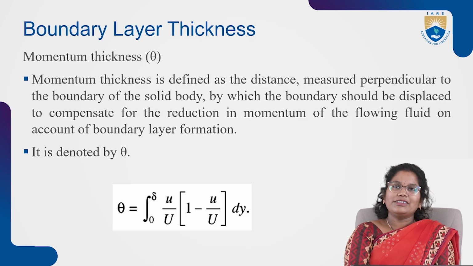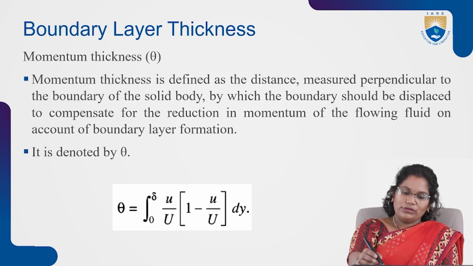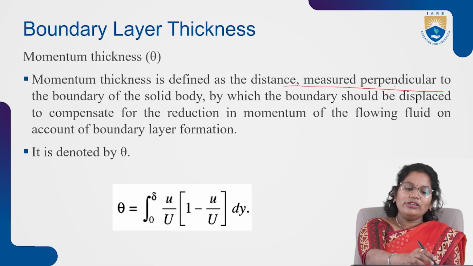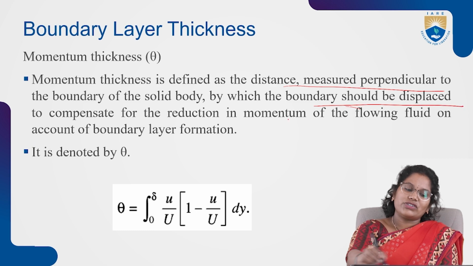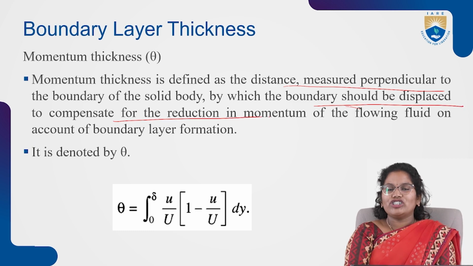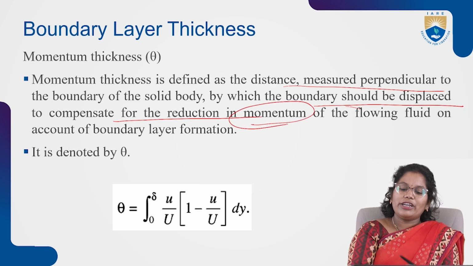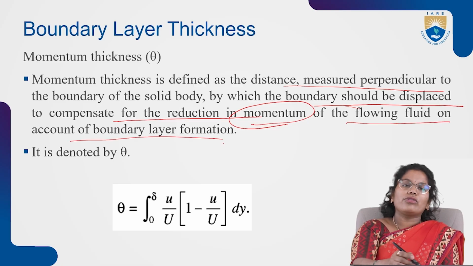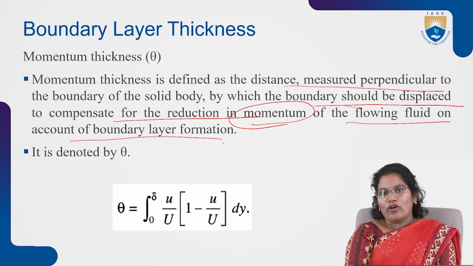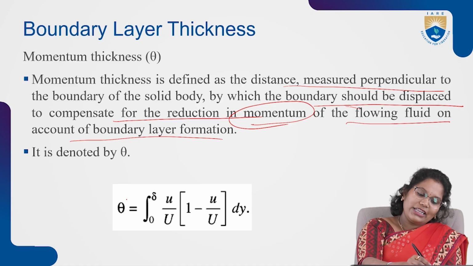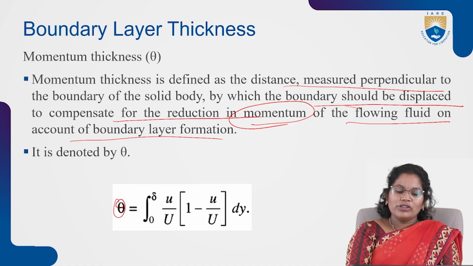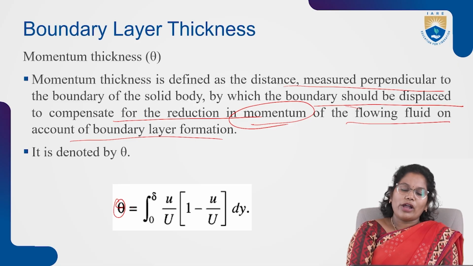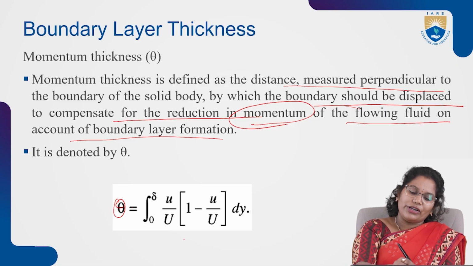This is momentum thickness. This distance is measured perpendicular from the boundary of the solid body, by which the boundary should be displaced to compensate for the reduction in momentum of the fluid flow on account of the boundary layer formation. So delta theta is equal to the integration from 0 to delta of small u by capital U into 1 minus small u by capital U into dy.